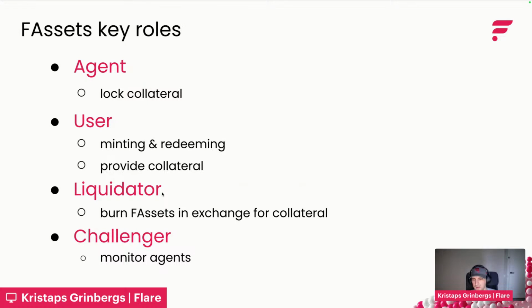Agents can do some actions to move funds, basically to stabilize their collateral levels. Challengers check all the transactions to see that agents are not trying to steal funds, so they can put an agent in liquidation, and then the liquidators can come and do their job. Challengers are challenging every transaction an agent is doing. So these are the very key roles in the FAsset system. Otherwise, it would fall apart.